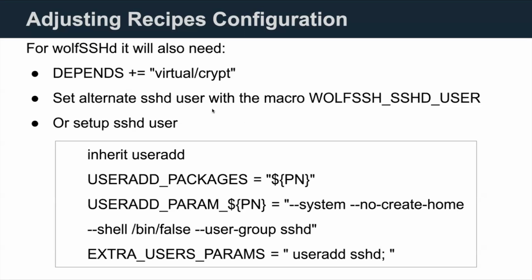The other option that wolfSSH has is to be able to set the macro WOLFSSH_SSHD_USER to the particular user you'd like to have the daemon running as. Some people could set that as a heightened permission user or potentially root. It's very configurable for what you would like the SSH daemon user to be.